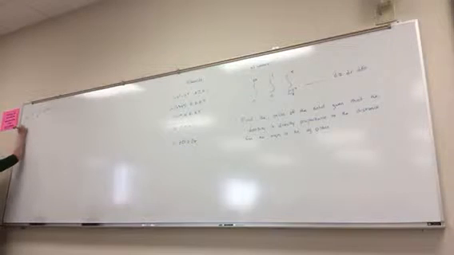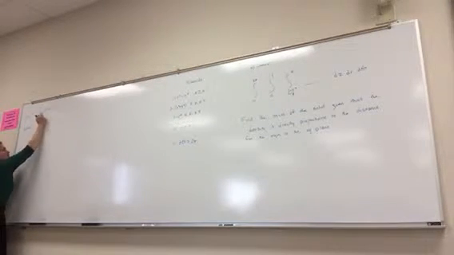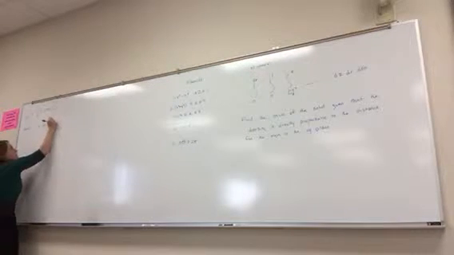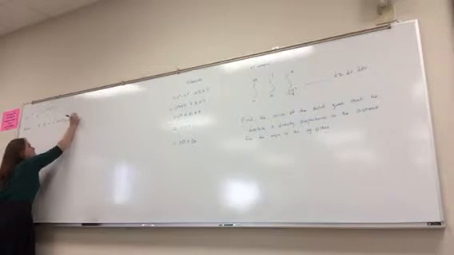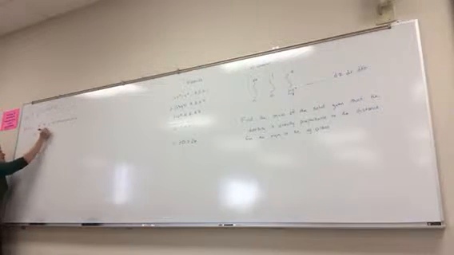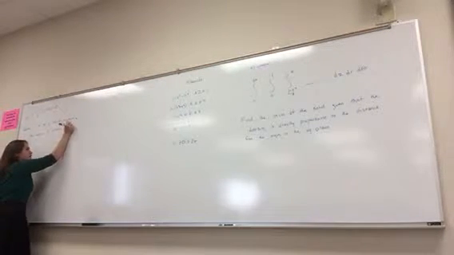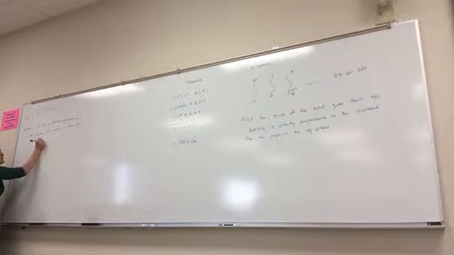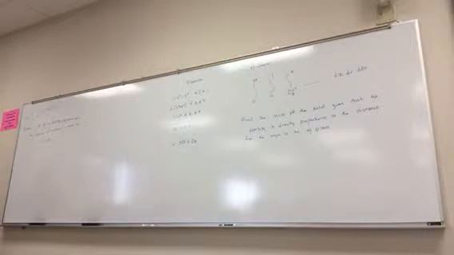Now, a quick review here. If M is directly proportional to N, the equation of variation is given by M equals K times N. Directly proportional means that as one goes up, the other one will go up as well.